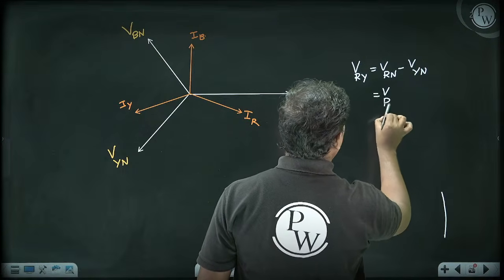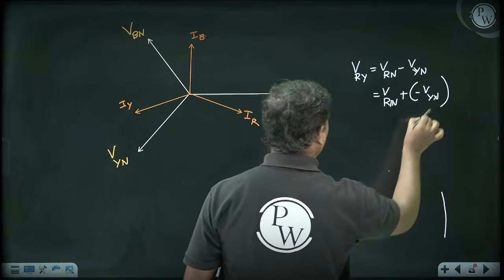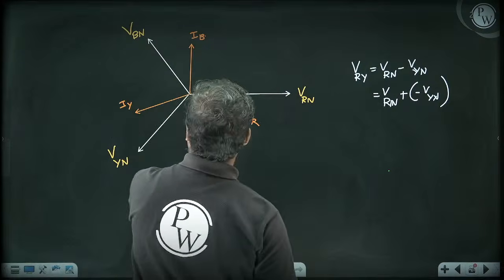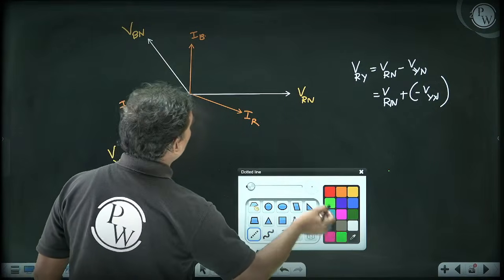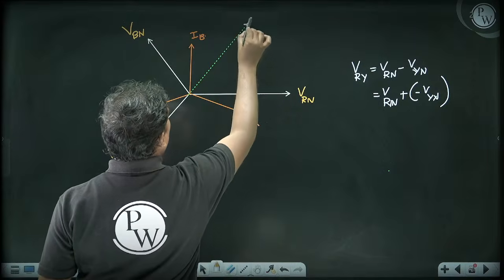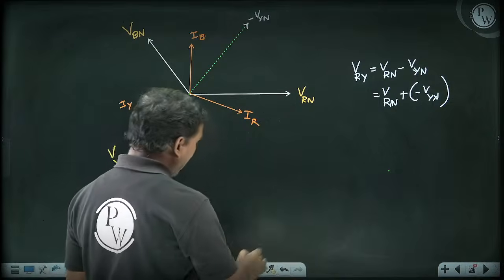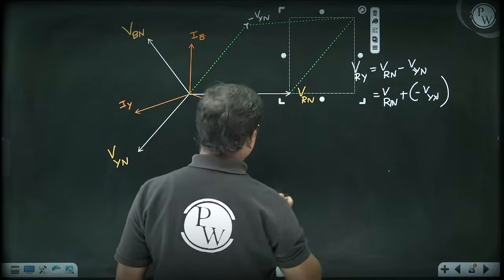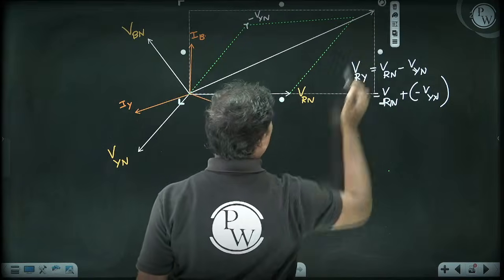That means VRN plus of minus VYN. Am I right? So VYN is this. So minus VYN will go here. So this is a minus VYN. Now the resultant of these two, VRN and minus VYN, will be equal to our VRY.